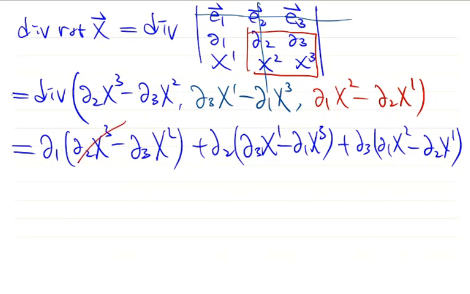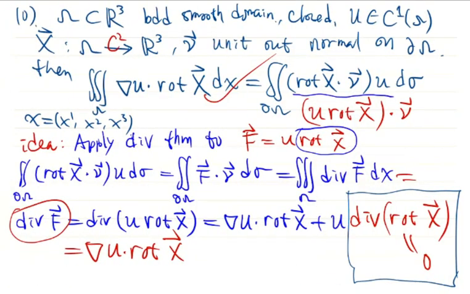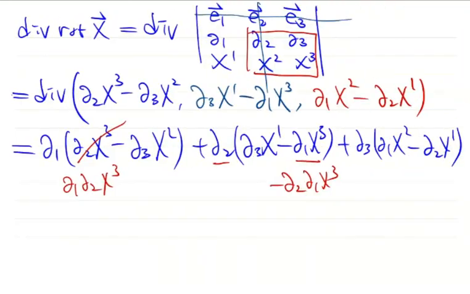This term is d1 d2 x3, and we also have d2 d1 x3 with a minus sign. Because X is a C2 vector field, the second derivatives of the components are all continuous, so d1 d2 can be switched. Therefore, this term cancels with this term.